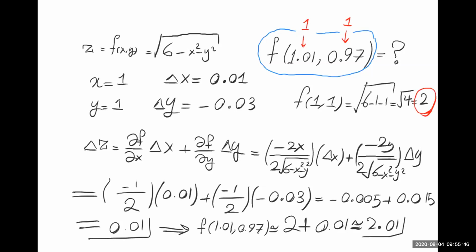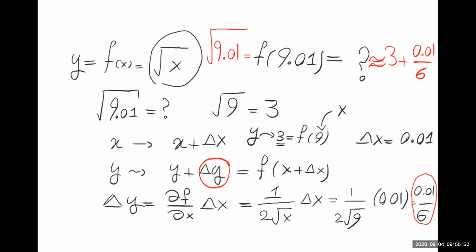Because we are only looking at the first derivative to do this approximation, if we want to find a better approximation, there are ways to look at higher derivatives. Here we just took one partial derivative, right?